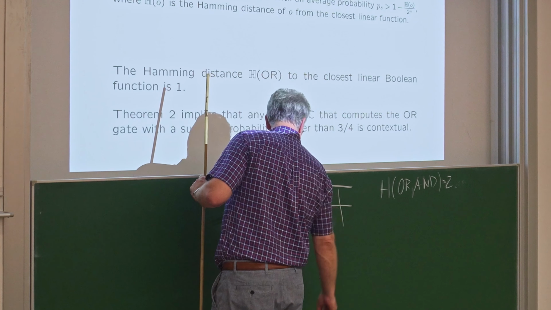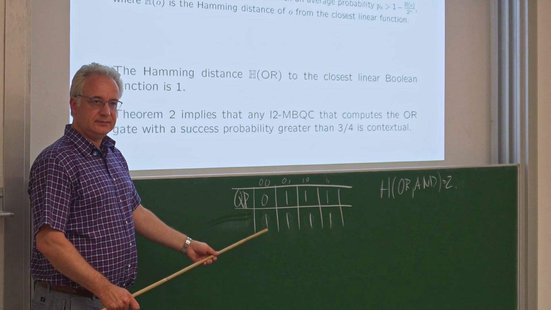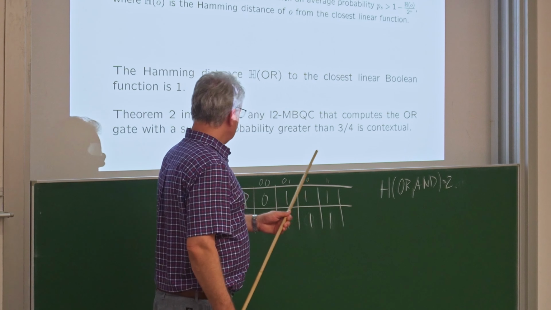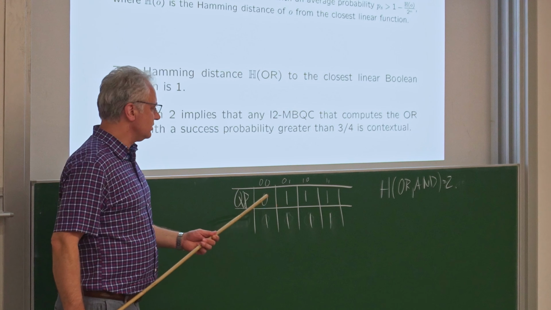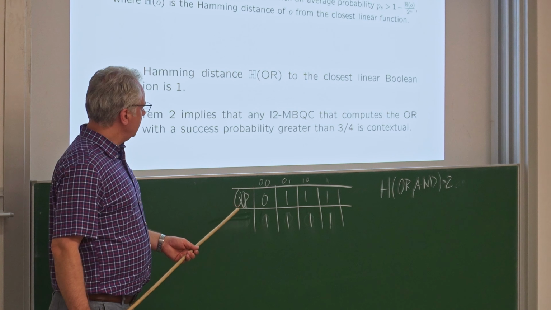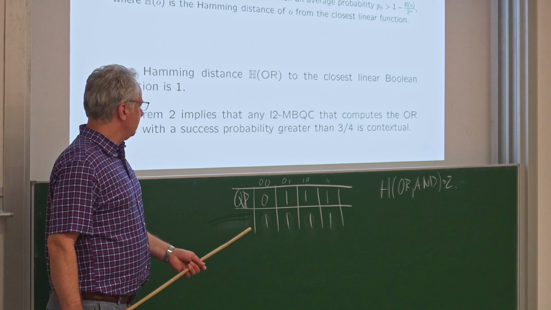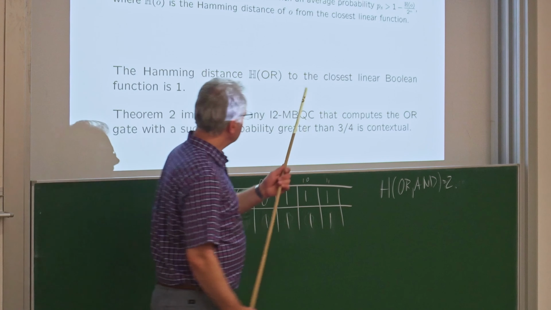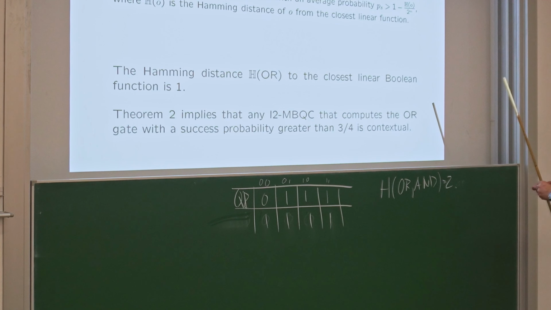So a constant function, so Hamming distance is 1. Okay, so this is by example, and yes, a constant function is a linear function, so it applies. Hamming distance cannot be smaller than 1 because then it would need to be 0, but that can't be because it's a nonlinear function. So Hamming distance is indeed 1. So we plug it in here.